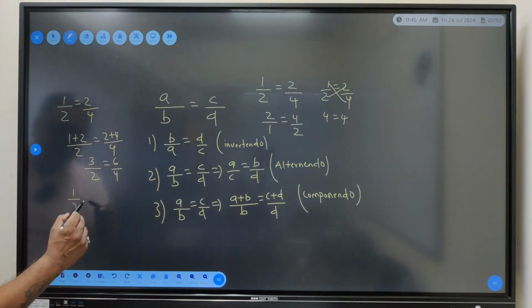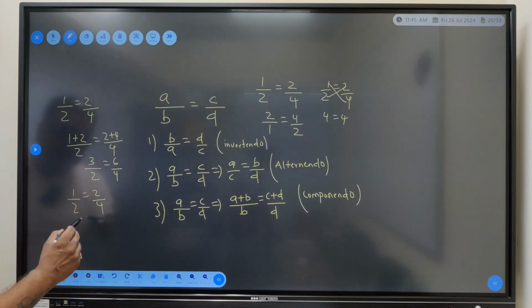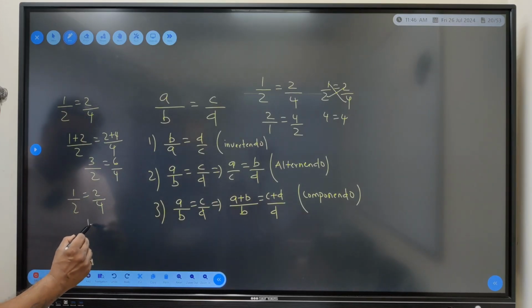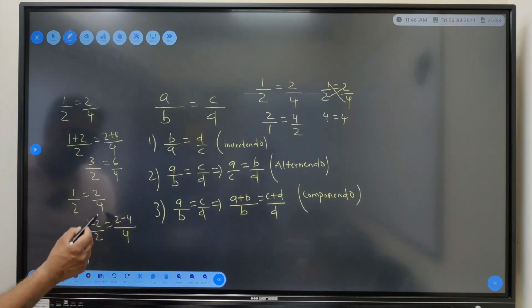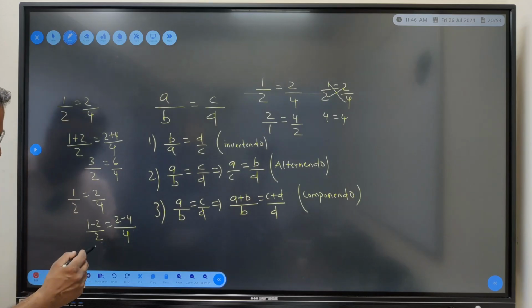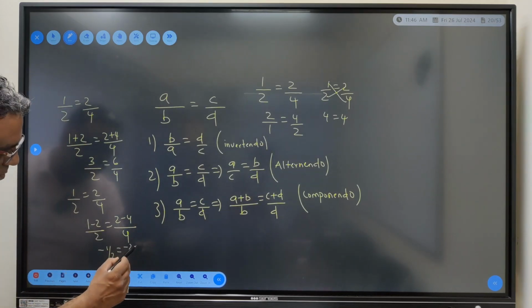Again, if 1 upon 2 equals 2 upon 4, if I subtract the denominator from the numerator, 1 minus 2 upon 2 and 2 minus 4 upon 4, this will become minus 1 by 2 and that will become minus 2 by 4.